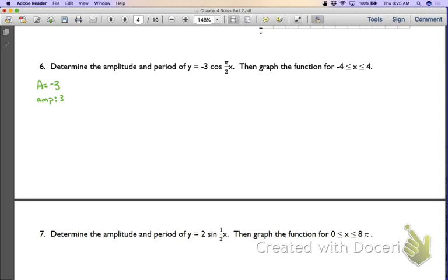My b value is pi over 2. So if b is equal to pi over 2, for my period length, I'm going to take 2 pi over 1, and I'm going to divide it by pi over 2.